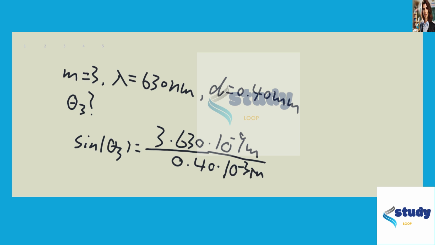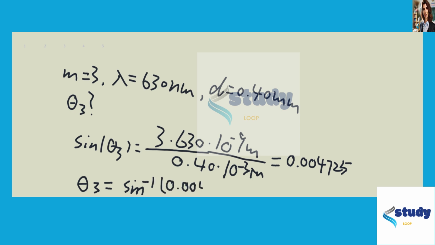Okay, and that will give us 0.004725, and theta 3 is just simply inverse sine function of such value, and that will give us about 0.27 degree. Okay, so we figure out all the angle deflections for this question.